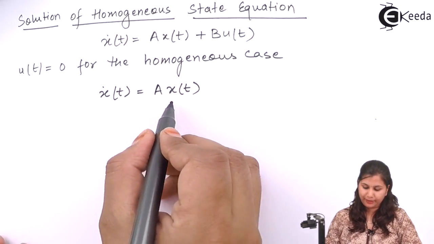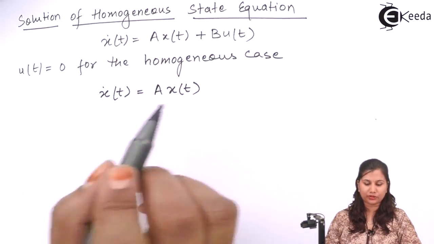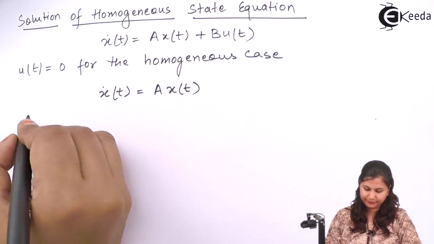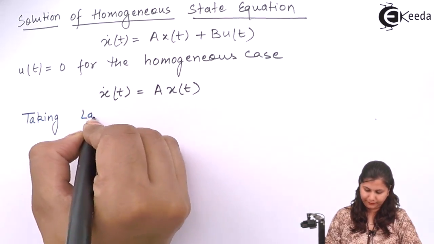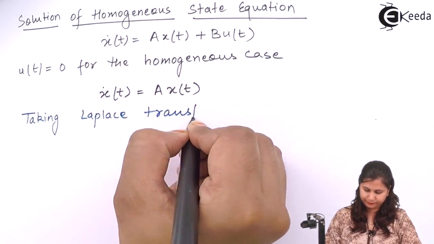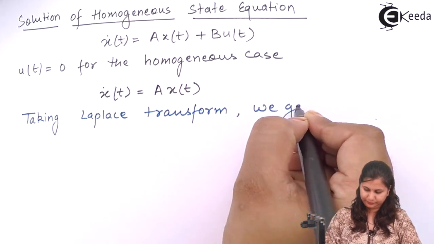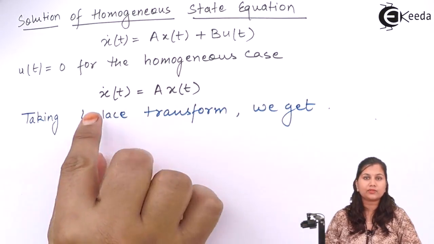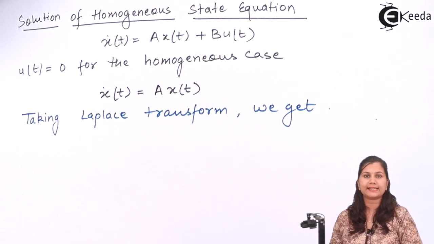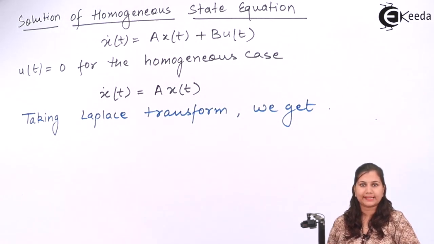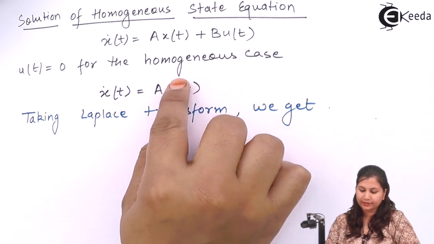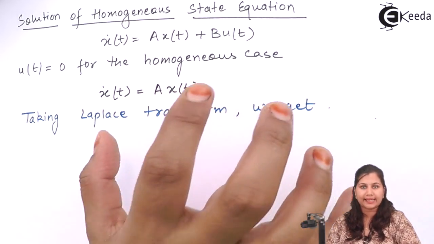Now taking the Laplace transform of this equation, the Laplace transform of x dot t is s X(s) minus x of 0, and the Laplace transform of x t is X(s).